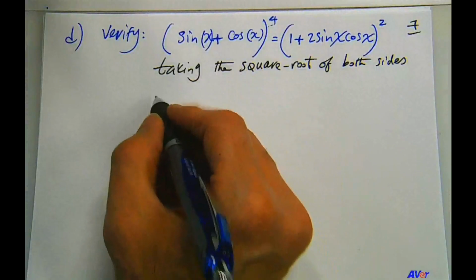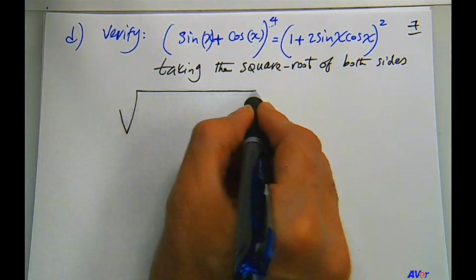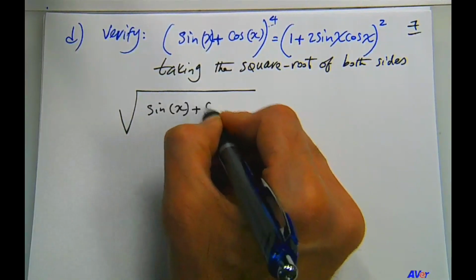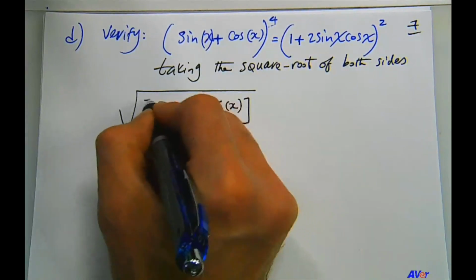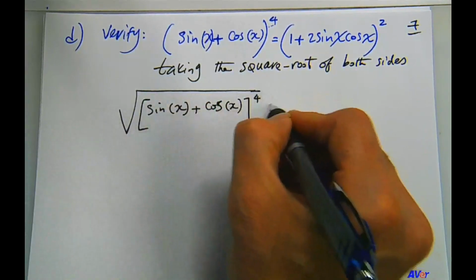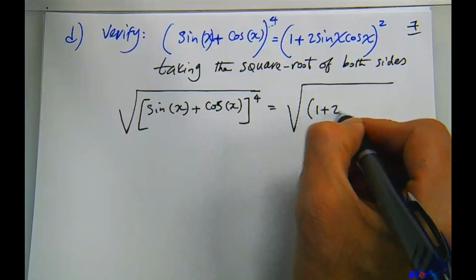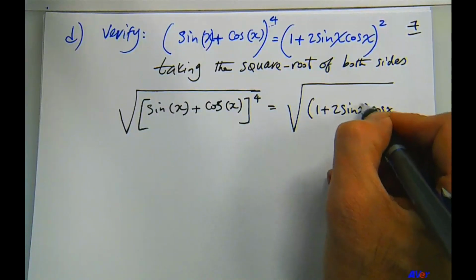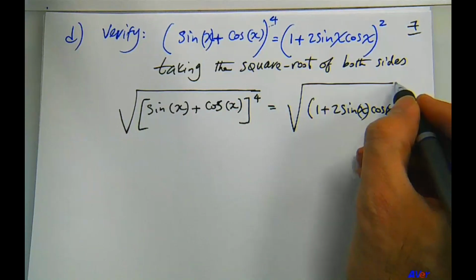So take the square root of (sine of x plus cosine of x) to the fourth power equals the square root of (1 plus 2 sine of x cosine of x) squared, right?